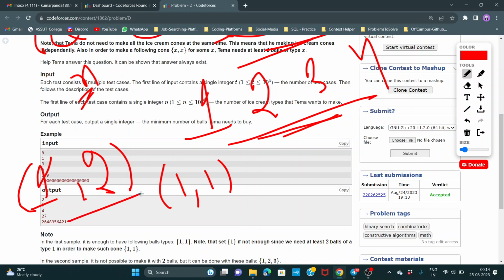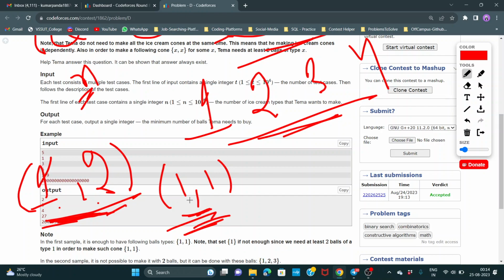These two are considered two different ice creams, because in the first ice cream the two balls have two different flavors, 1 and 2. And in the second case the two balls have the same flavor, 1 and 1.